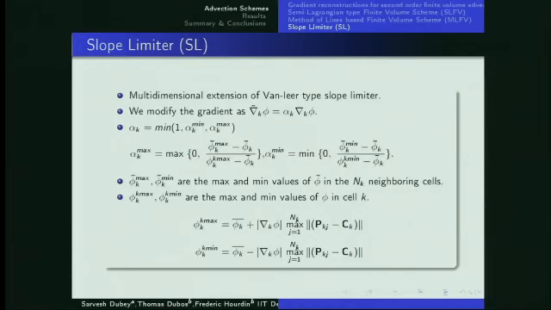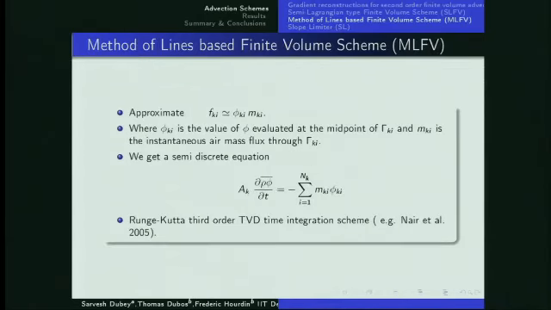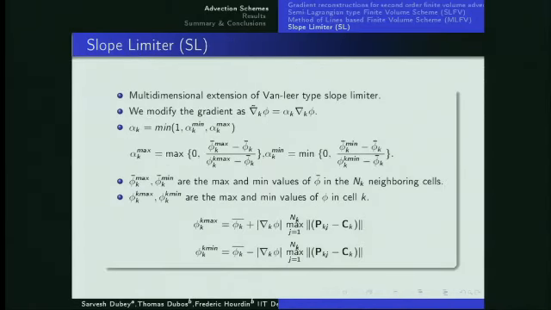If both these values are in agreement with each other, we take the minimum. Otherwise, if these values are opposite in sign, we make them 0. And after computing this modified gradient, we use it instead of our initial gradient reconstruction in our linear reconstruction.